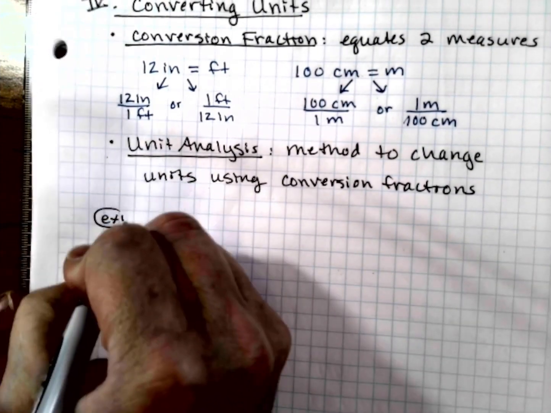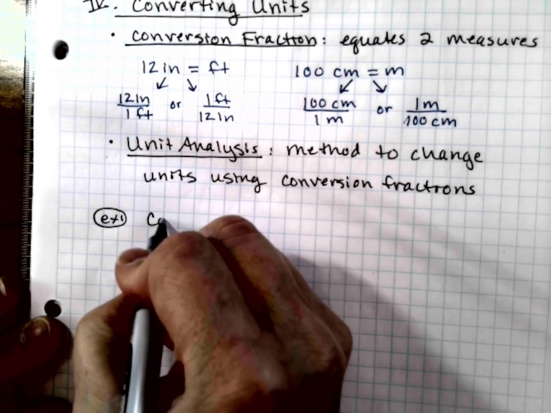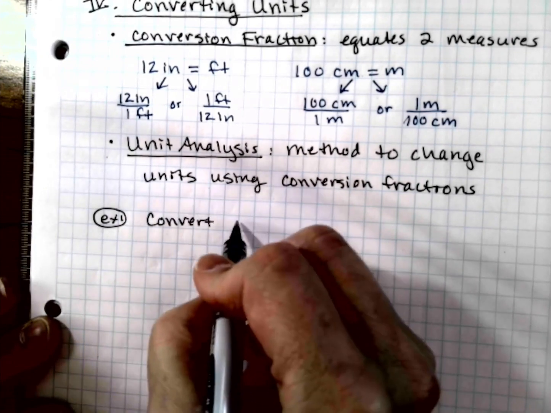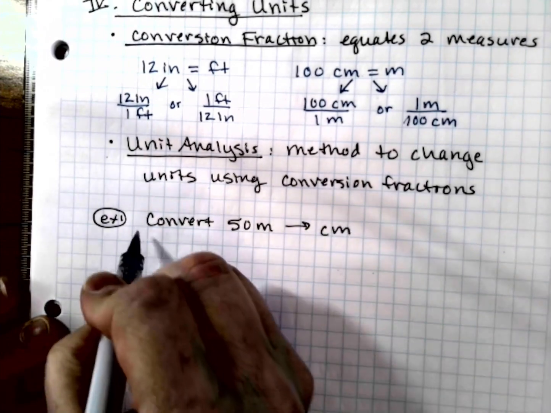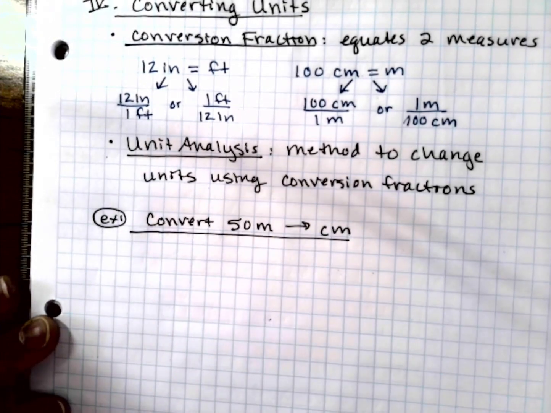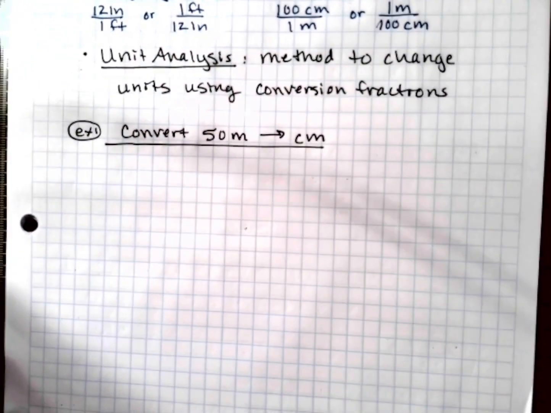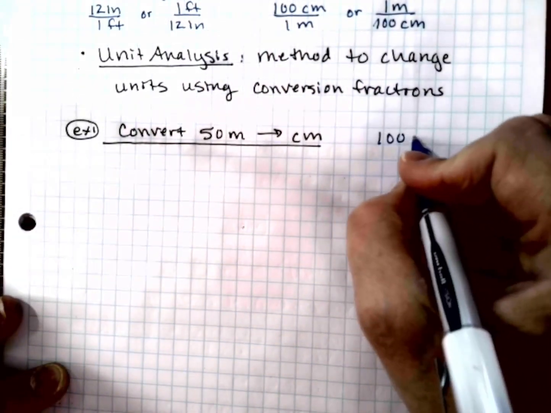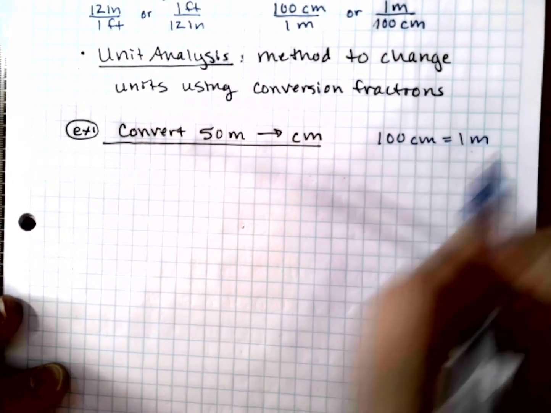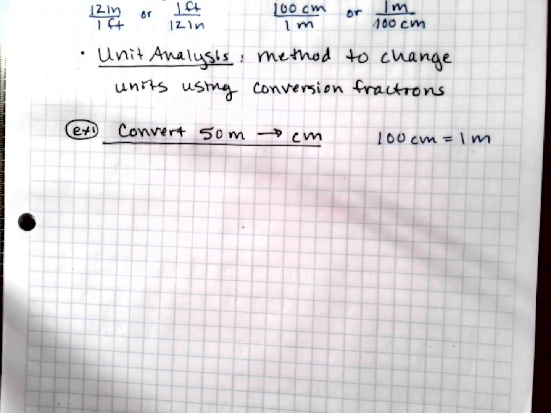Let's start with example 1. We're going to convert 50 meters into centimeters. Okay, so the first thing you want to think about is how meters and centimeters are related. Well, 100 centimeters equals 1 meter. If you don't know conversions, feel free to Google them on your homework when you need them.